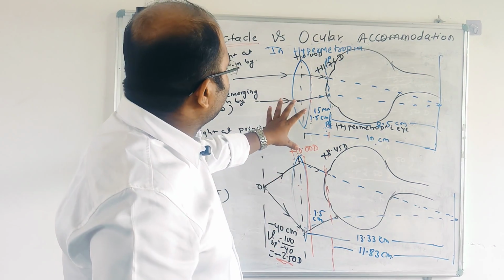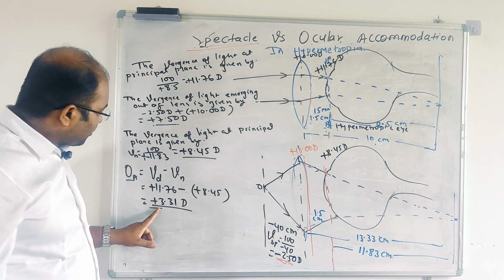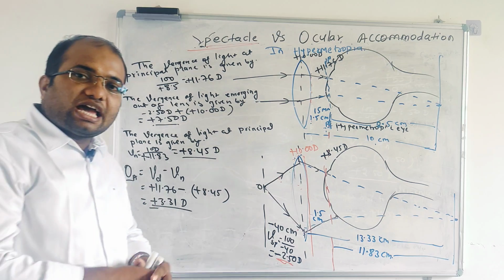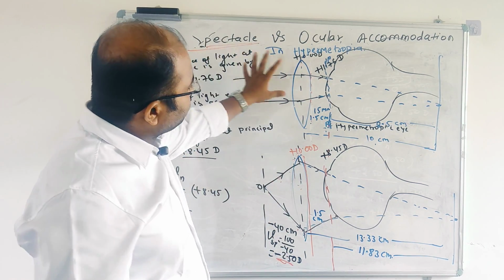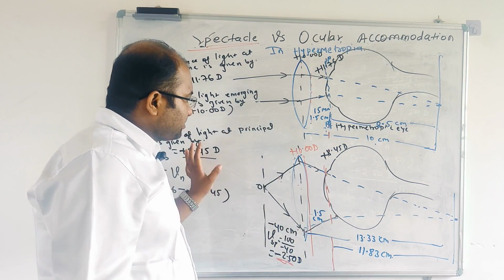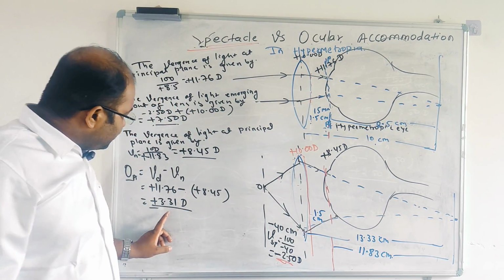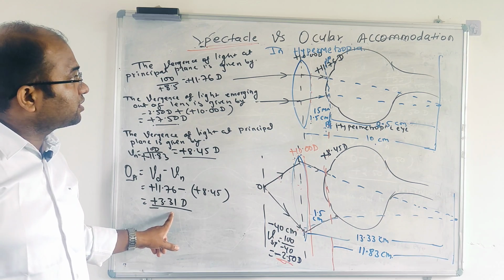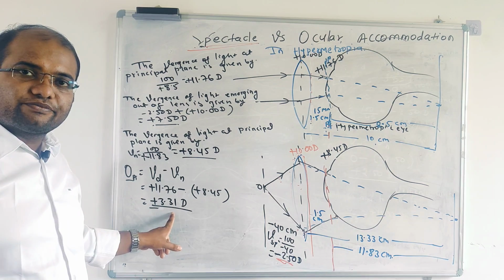So spectacle accommodation in the hypermetropic eye is 2.5 and ocular accommodation is 3.31. The moral of these derivations, or the concept behind this, is that you will tend to do more accommodation in a spectacle-corrected hypermetropic eye as compared to an emmetrope.